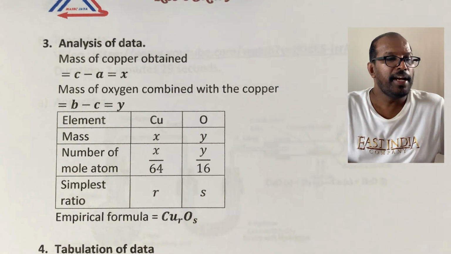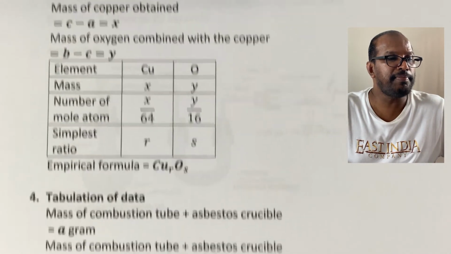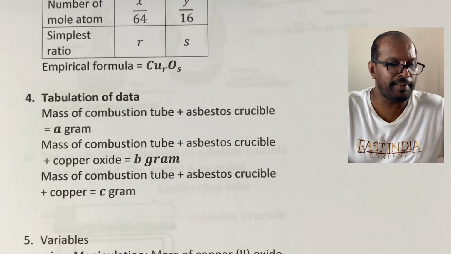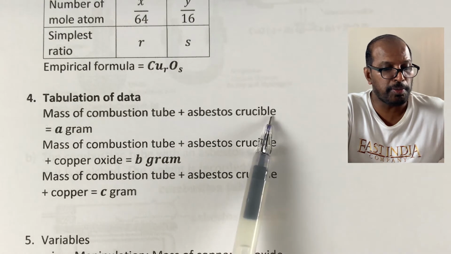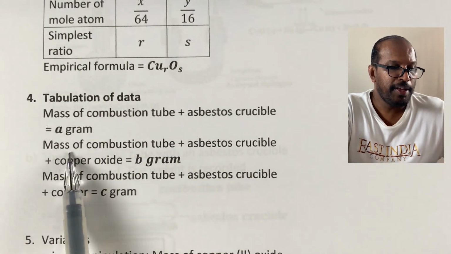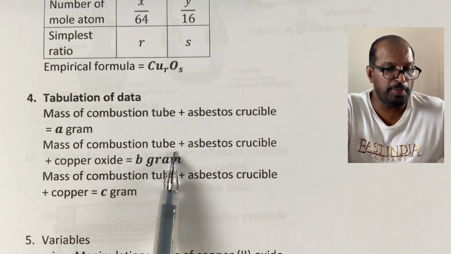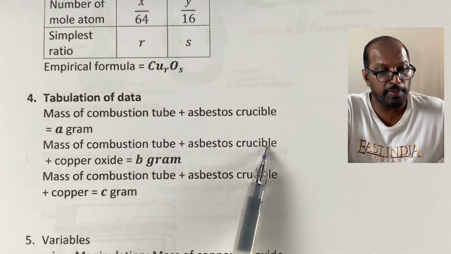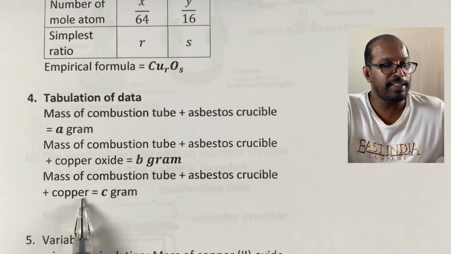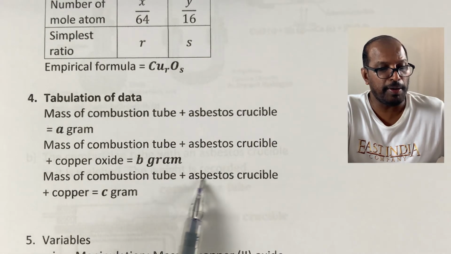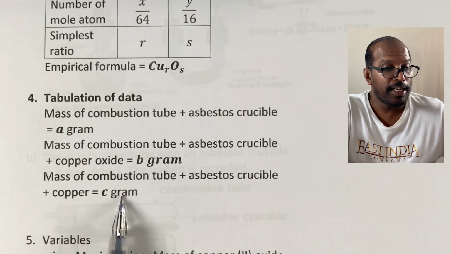Now, to do that, I have stated here the tabulation of data. We have the mass of combustion tube plus asbestos crucible is A gram. We have the mass of combustion tube plus asbestos crucible and copper oxide is B gram. And thirdly, we have combustion tube plus asbestos crucible and copper is C gram.